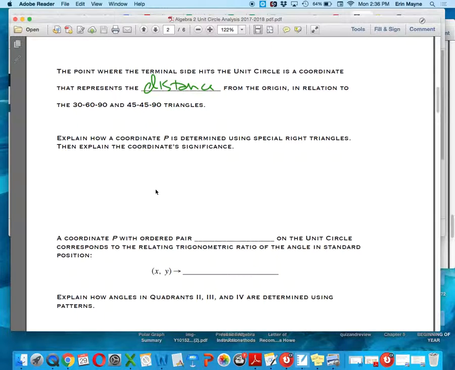Okay, so some of you are already discussing. If you haven't already, talk about what you have written. How are you getting the x value? How are you getting the y value? We're going to take some volunteers here in a minute.